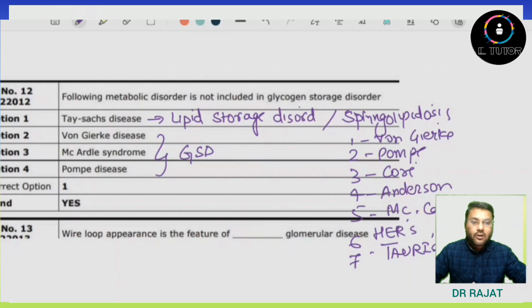So these are all glycogen storage diseases, and among the options, Tay-Sachs disease is a lipid storage disease. So the answer here will be Tay-Sachs, option number 1.